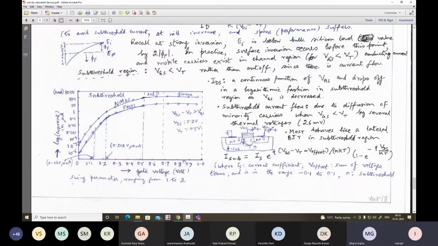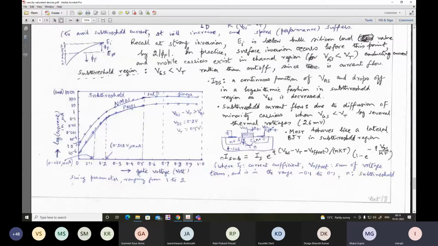Subthreshold conduction is somewhat unavoidable, but in order to reduce the power dissipation due to subthreshold conduction, designers tend to keep the threshold voltage at a relatively higher value.